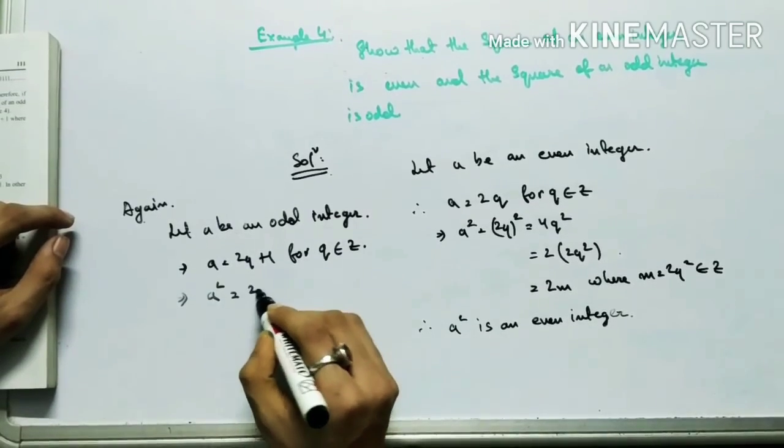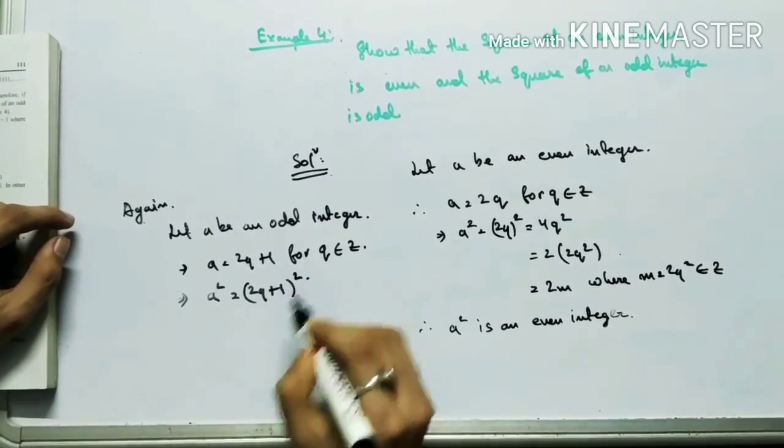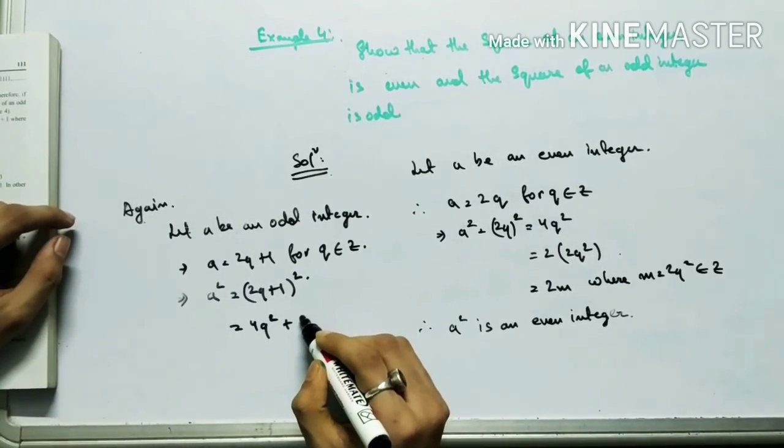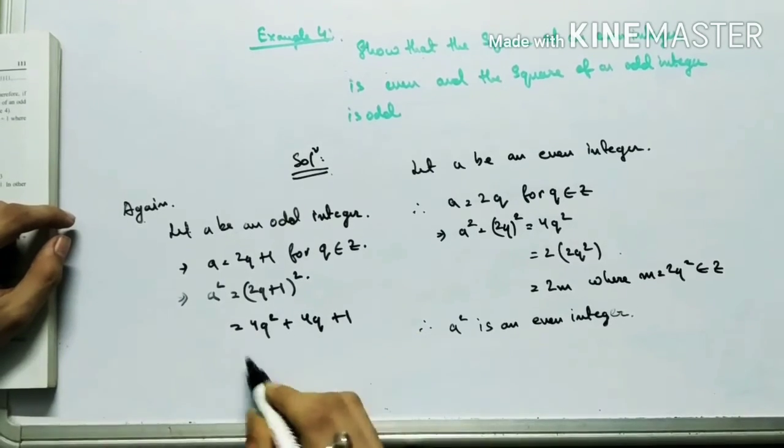So a square is equal to 2q plus 1 the whole square, which will give me 4q square plus 4q plus 1.